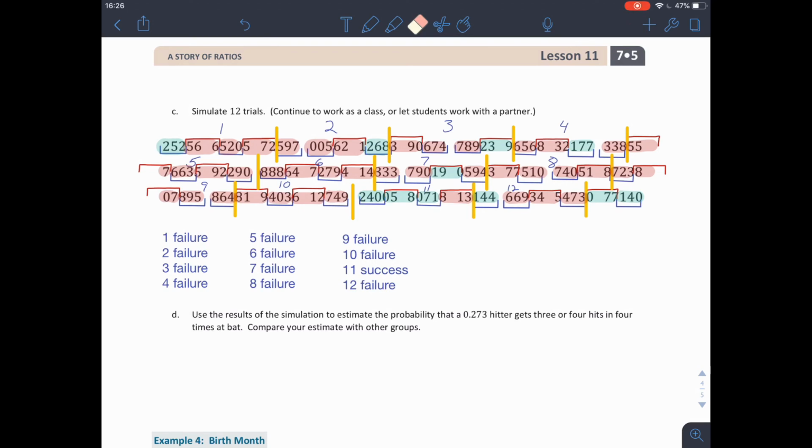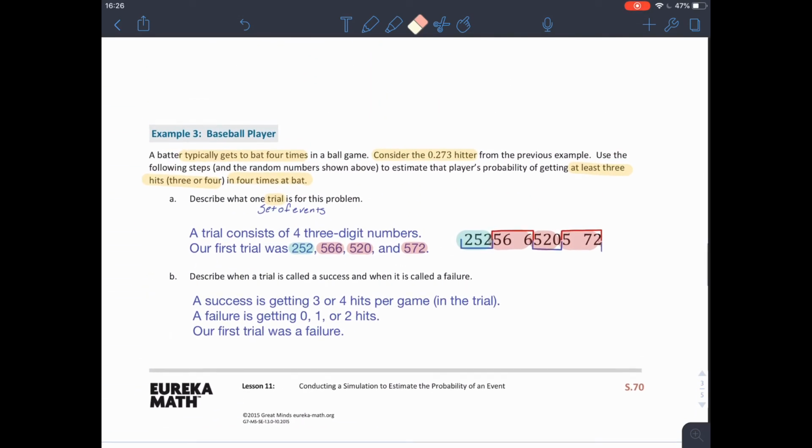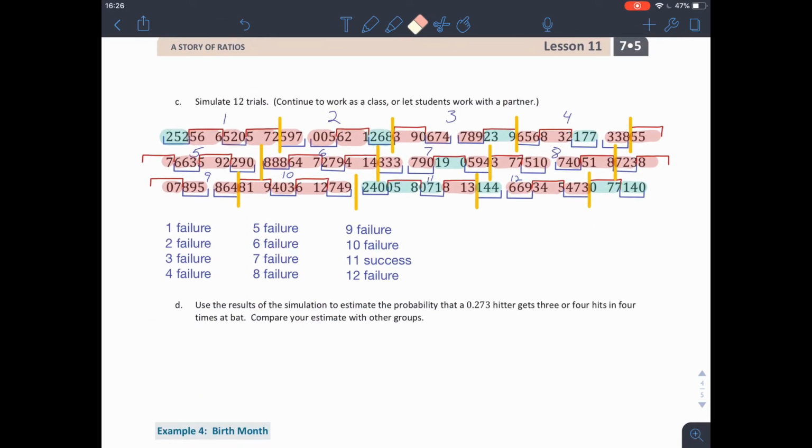Instead of looking at the 273 out of 1,000 that we had up here, I'm looking at how many of my trials were successes. So the number of successes divided by the total number of trials is 1 divided by 12, which is 0.083, with the 3 repeating.